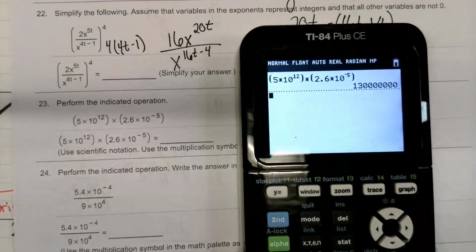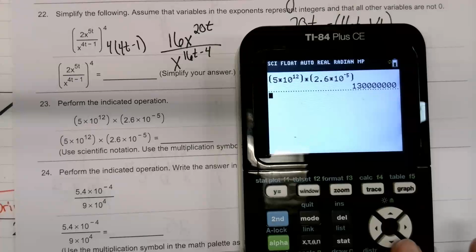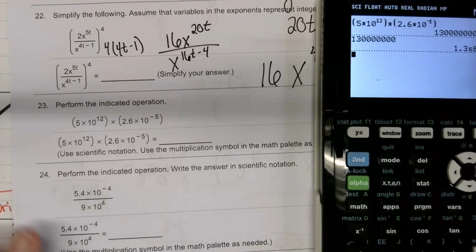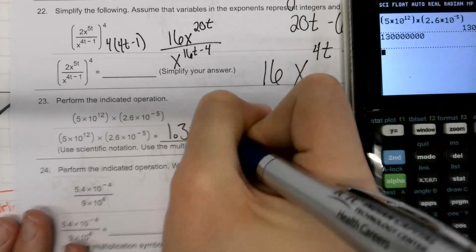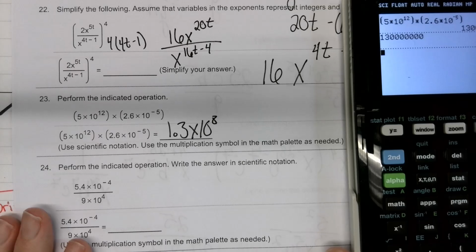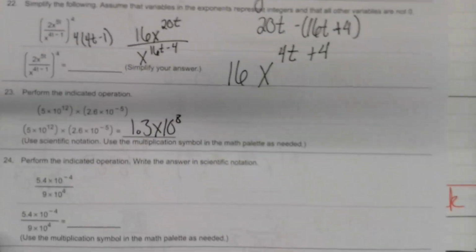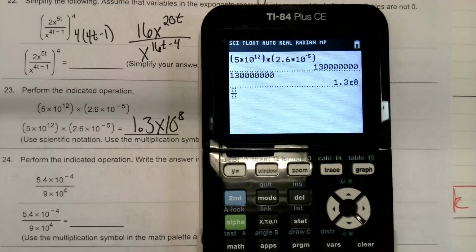And then I want it in scientific notation. And I think all the last few are just going to be that. So I'll go ahead and show you on my calculator.